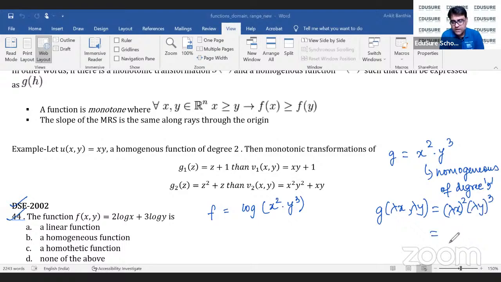Yeah, so lambda to the power 5. So homogeneous of degree 5. G is homogeneous of degree 5. Okay, so that is what we have. So this is homogeneous of degree 5. Log is a monotonic transformation.